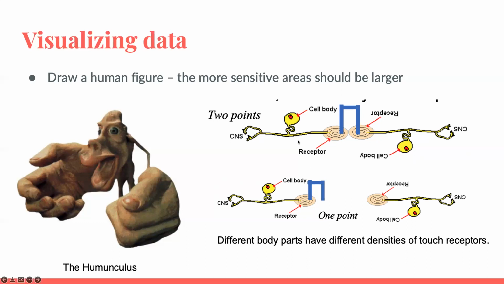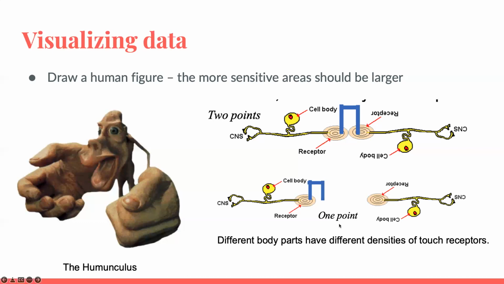In the first case here, you see these two receptors are located very closely to each other, meaning this area is probably very densely packed with receptors. Your 2-point probe is getting picked up by two different receptors, and these receptors send different signals to your brain so that you can accurately tell, oh, I'm being touched by 2 points.